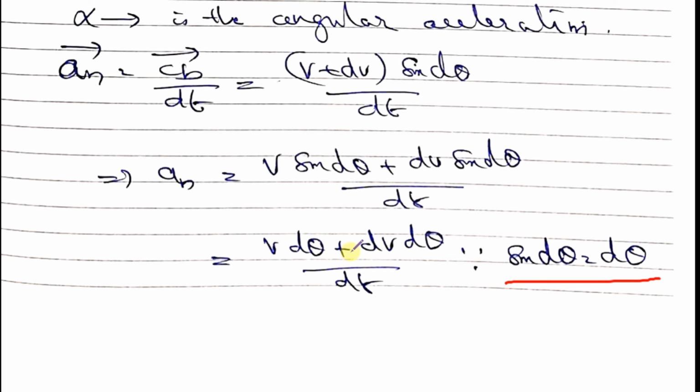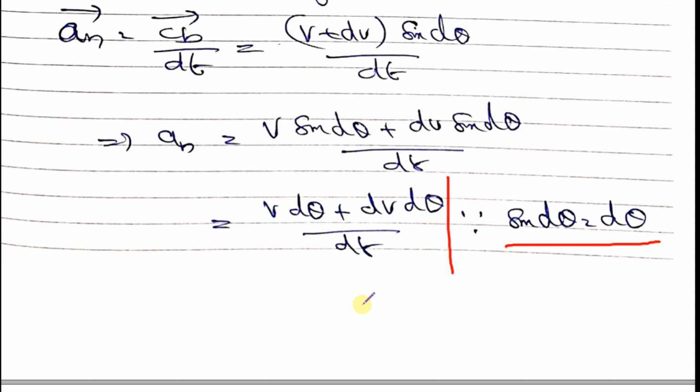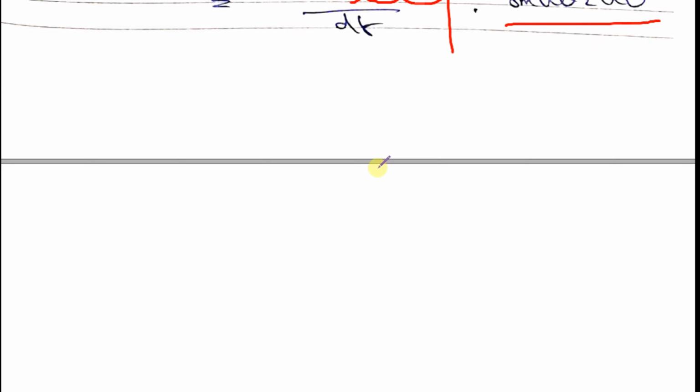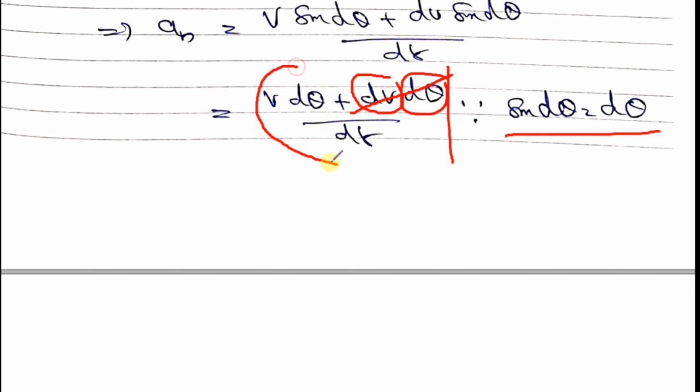We know that when theta is very small, sine theta equals theta, so sine d theta equals d theta. So this gives V d theta plus dV d theta divided by dt. Now dV is a very small term and d theta is another very small term, so the product is still smaller and can be neglected. We get only V d theta by dt as the remainder.